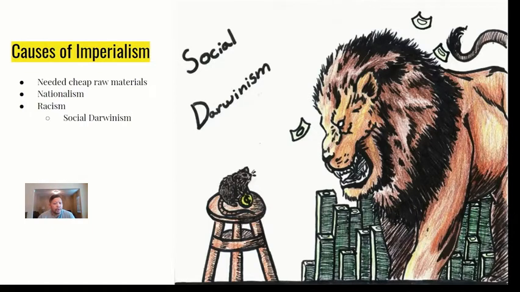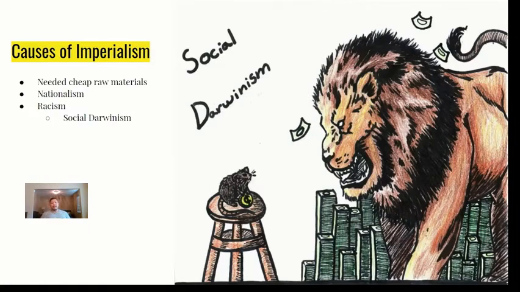And the third cause of imperialism is racism. Now, we're all very familiar with what racism is, especially with what's going on in today's society. It existed back then, and it still exists now, and it's a work in progress. Along with racism, and why some of that idea develops, is the idea of social Darwinism.